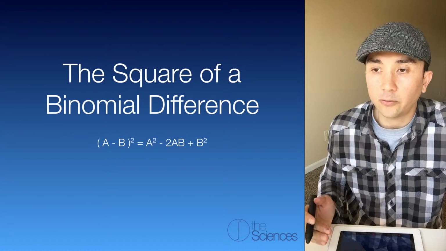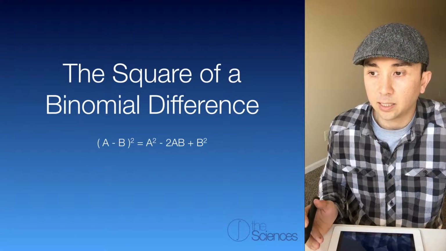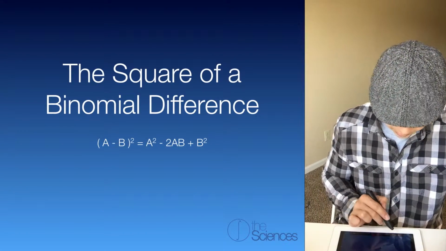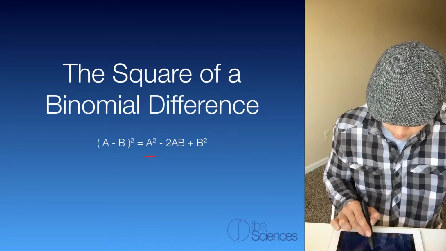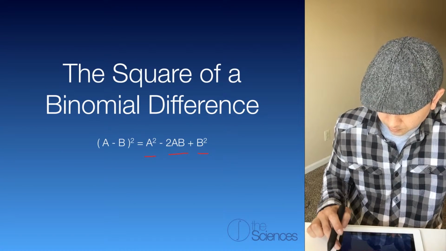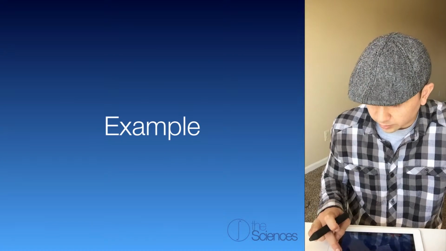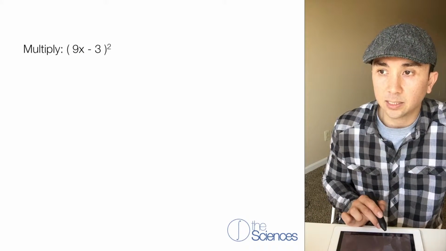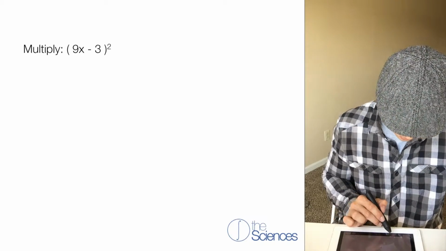Now the square of a binomial difference is when we have a minus b squared. Well, that's simplified as a squared minus 2ab plus b squared. So let's do an example. Let's multiply 9x minus 3, squared.